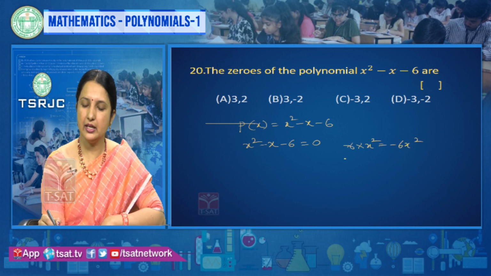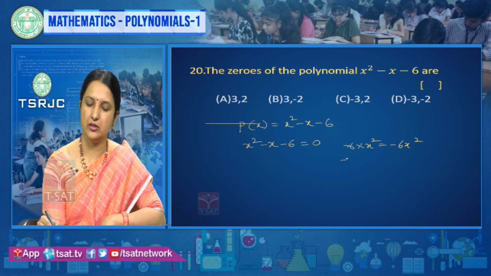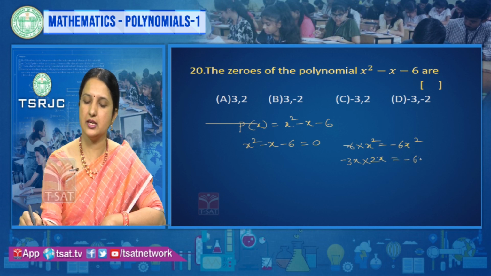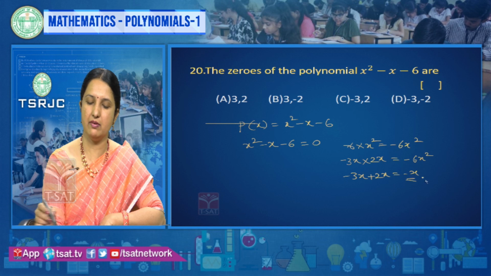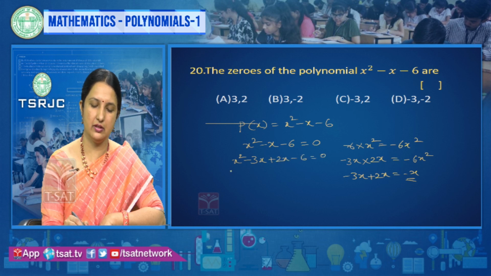So you have to find the factors of this minus 6x square. Minus 3x into 2x, minus into plus, minus 3 twos are 6x square. When you add these two, you get minus 3x plus 2x, minus x, the middle value. So you can write this as minus 3x plus 2x minus 6 equals 0.